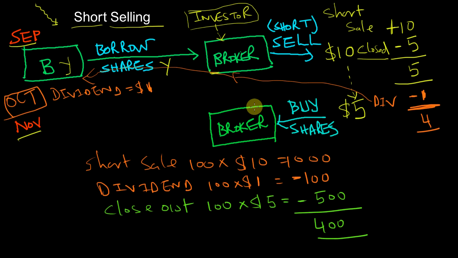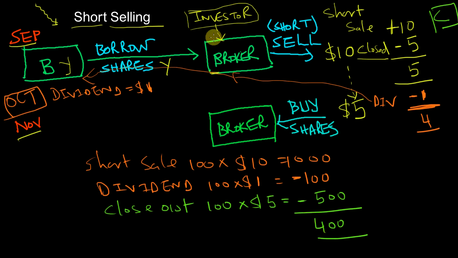Now, of course, if the party who shorted the stocks gets $400, let's assume that these shares were sold to another party called party C. So if this investor took the short position, then party C would have taken the long position.